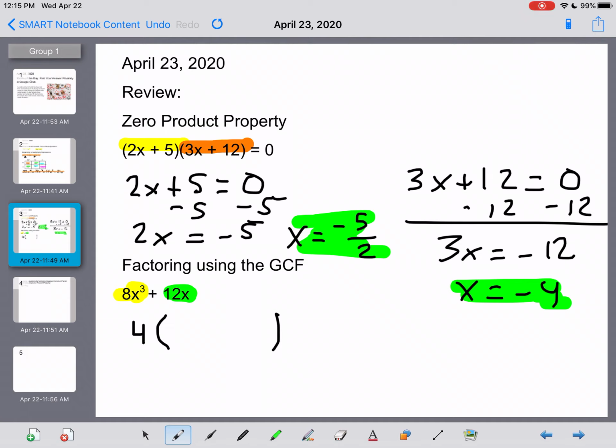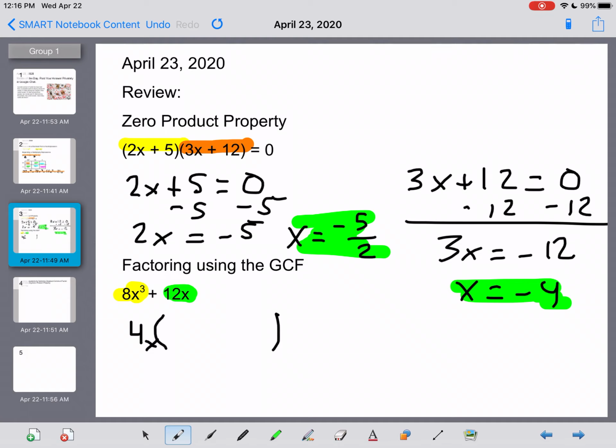That's the coefficient piece, but now I have to think about the variables. The first term has x to the third power, the second term just x. So I could factor out at least an x in each of these. Actually, the greatest common factor is 4x.